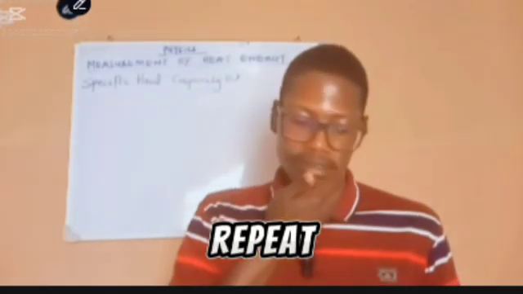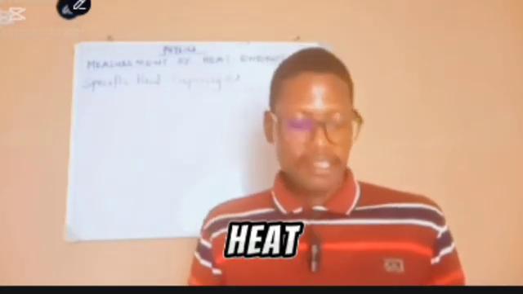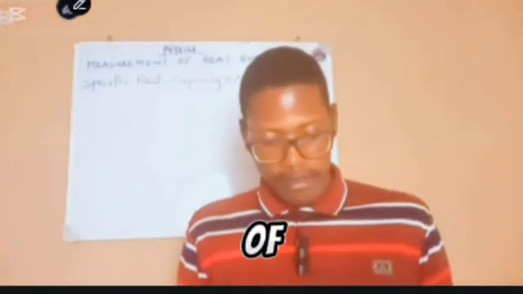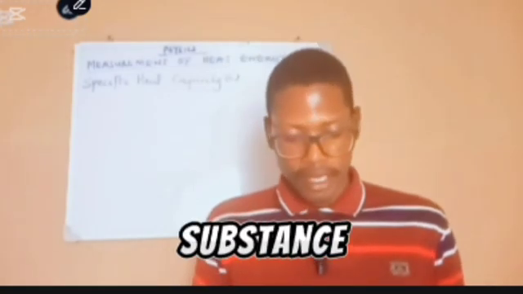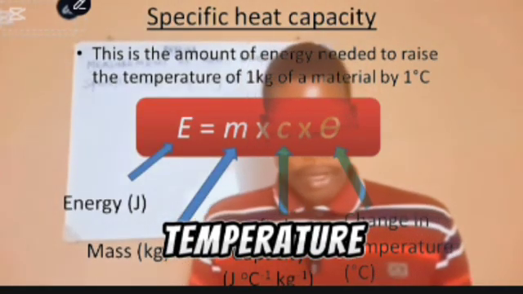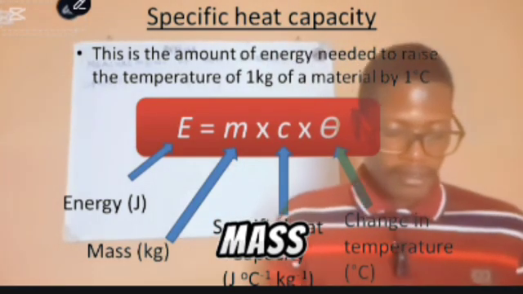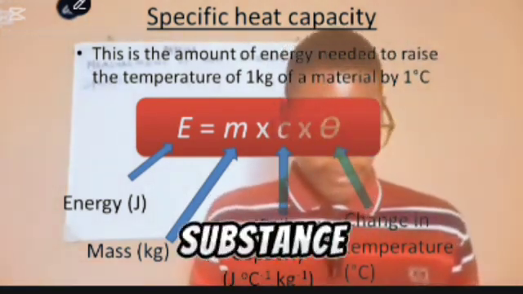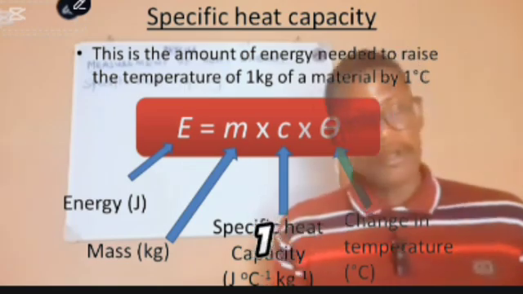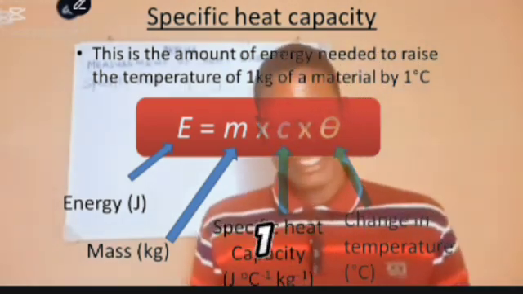I repeat, the specific heat capacity of a body or substance is the quantity of heat required to raise the temperature of a unit mass of a substance by 1 degree Celsius or 1 Kelvin.